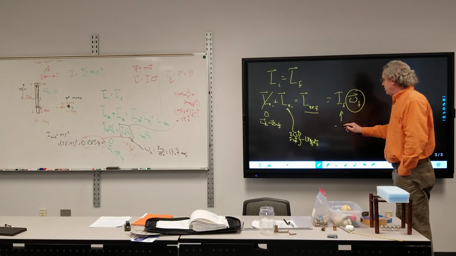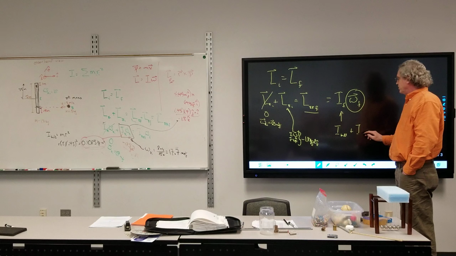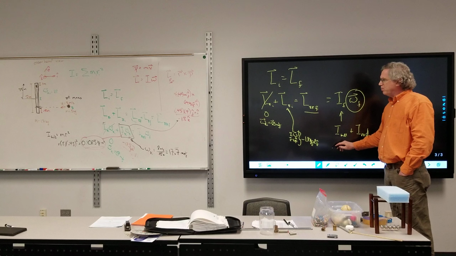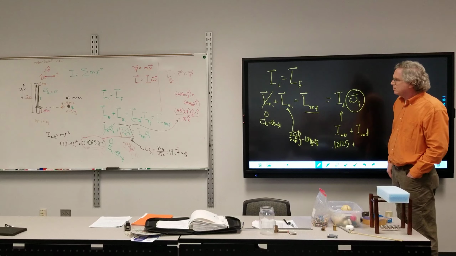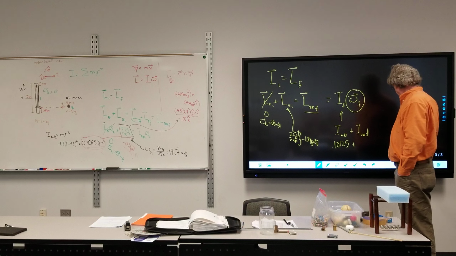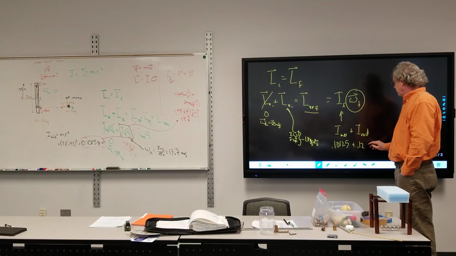So you're just going to add the moment of inertia of the ball plus the moment of inertia of the rod. The ball, we found out to be 0.10125, and for the rod, 0.124.